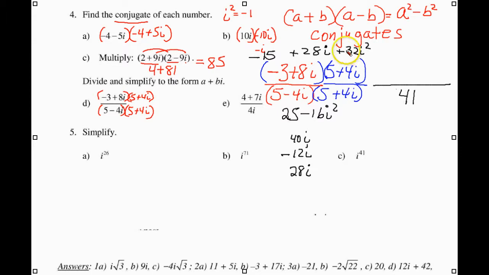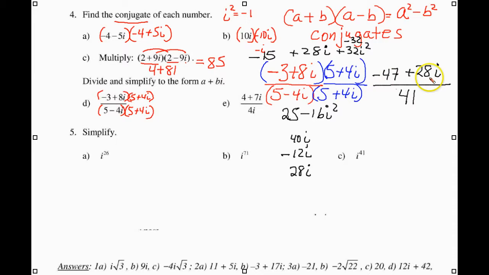I have a positive 32 times negative 1 is a negative 32. This becomes a negative 32. A negative 32 and a negative 15 give me a negative 47. There we go. Now, I then have just my positive 28i.